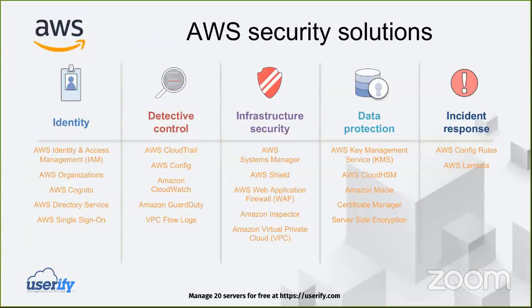Moving on to detective control, AWS CloudTrail is a service that allows you to monitor AWS deployments in the cloud by getting a history of all the AWS API calls for your account. And when I say API calls, do keep in mind that each and every interaction that you do as a customer with your AWS resources translates to API calls.